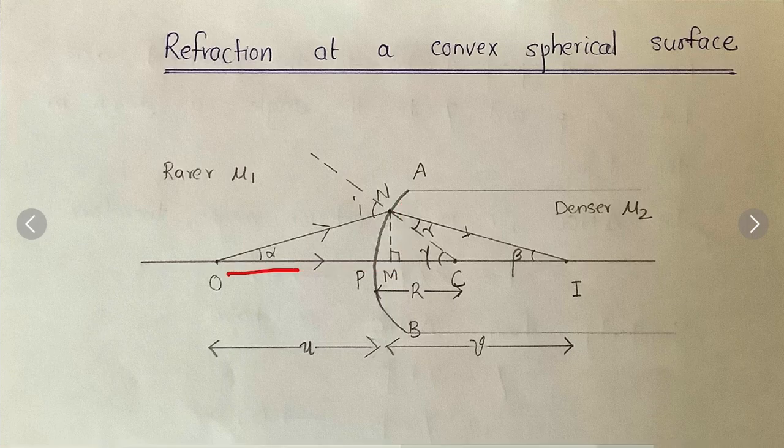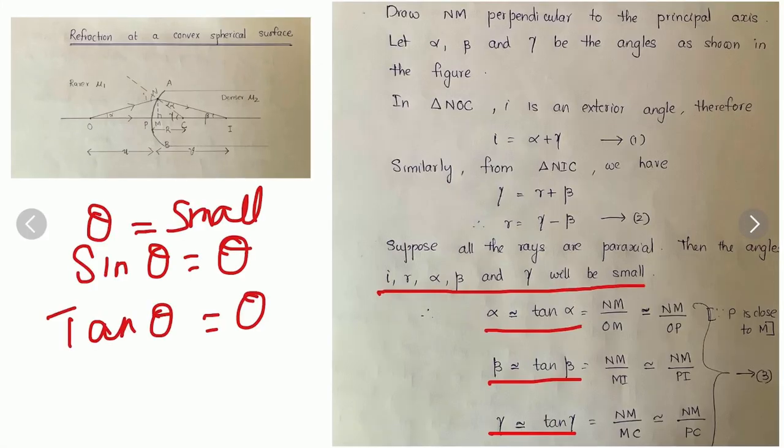And the next is beta. In this triangle, tan beta is equal to NM divided by MI. Tan beta is equal to NM by MI. So that is about tan beta.